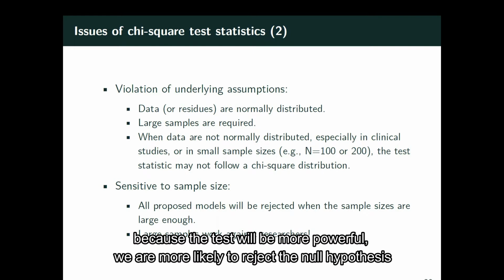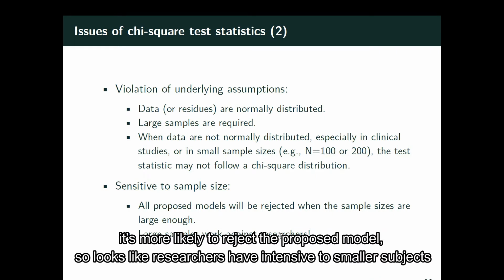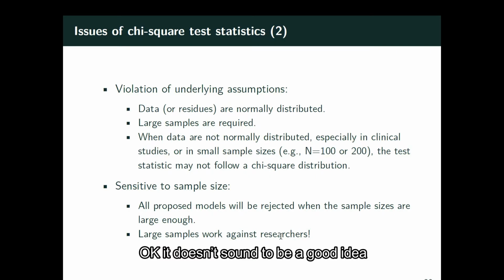We are more likely to reject the null hypothesis. If we are using chi-square in SEM, then the incentive is totally reversed, because if you are collecting more data, it's more powerful, it's more likely to reject your proposed model. So it looks like researchers have an incentive to collect smaller samples. Okay, so it doesn't sound like a good idea.